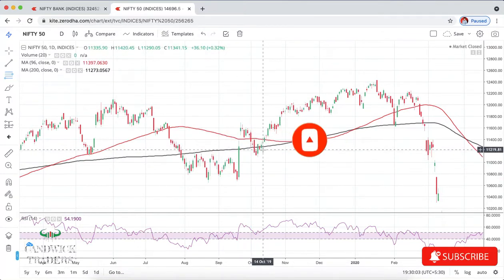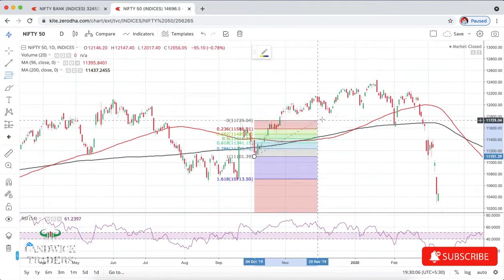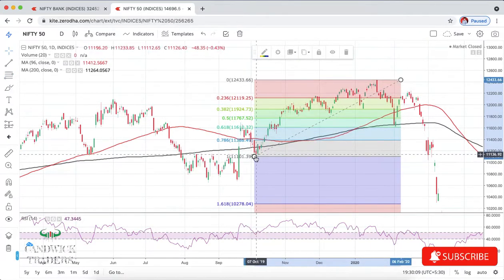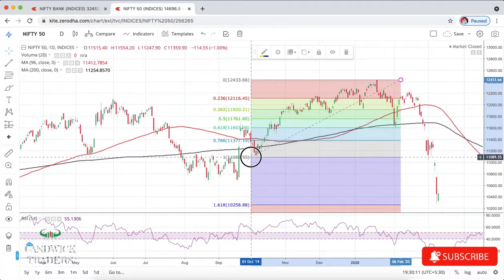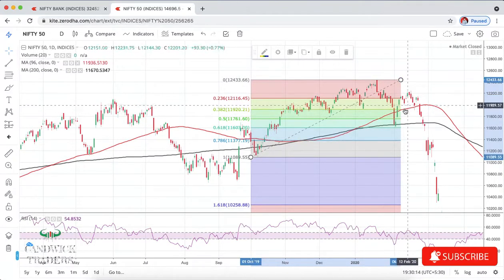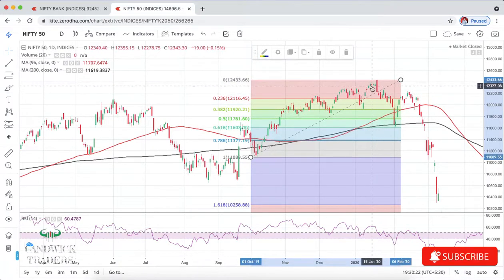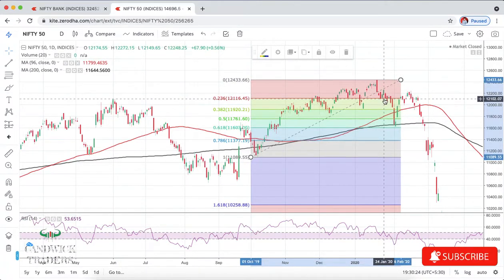So this is our entry, and I'm taking it from low to high. You can set it at 50% also. Otherwise, you can exit at these levels also.